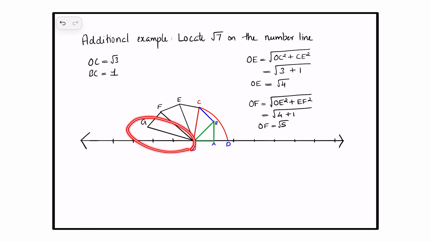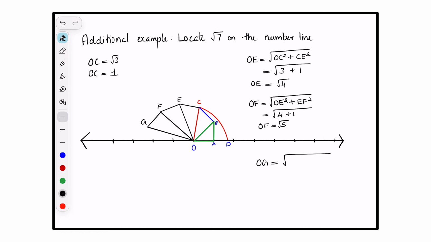I can write OG is equal to square root of OF square plus FG square, and the value of OF is root 5, so OF square will be 5, and FG is 1, so FG square will be again 1, implies OG is root 6.